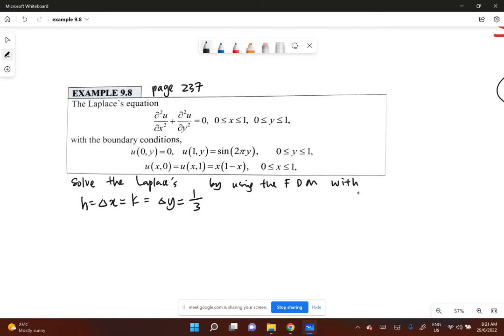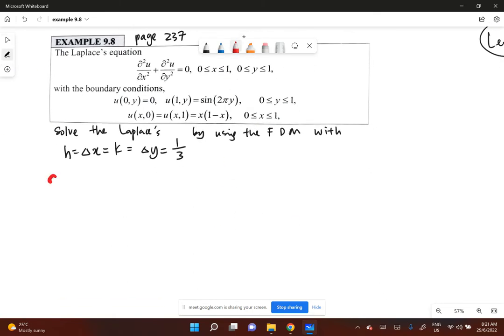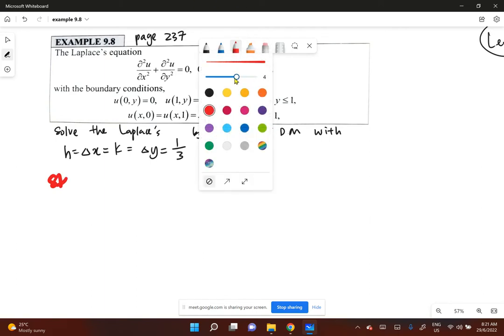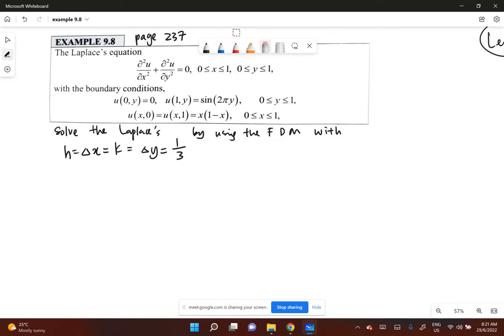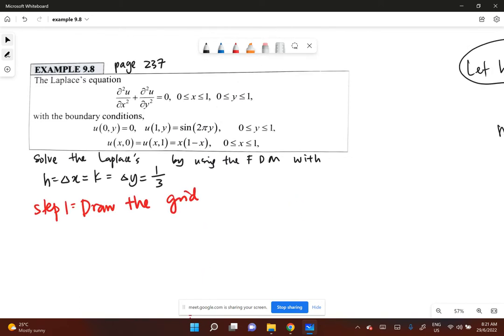So we start with step 1: draw the grid. Remember, 0 until 1 with the step size 1 over 3.